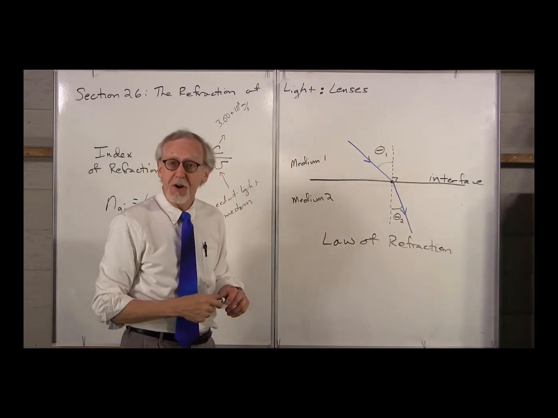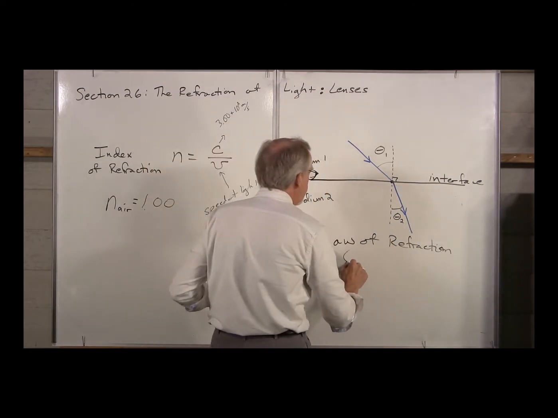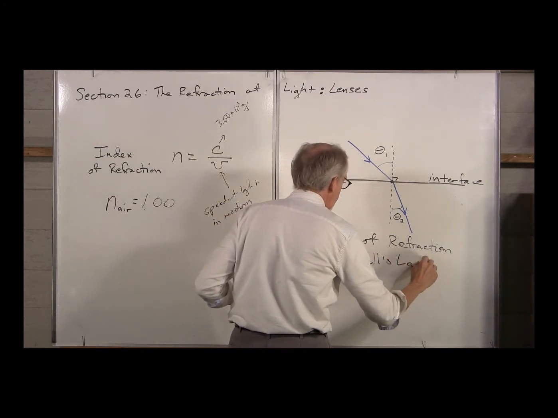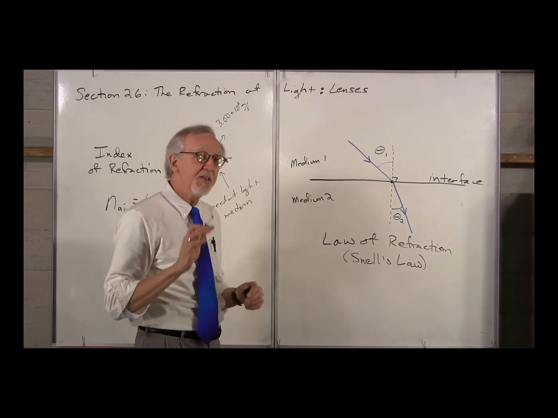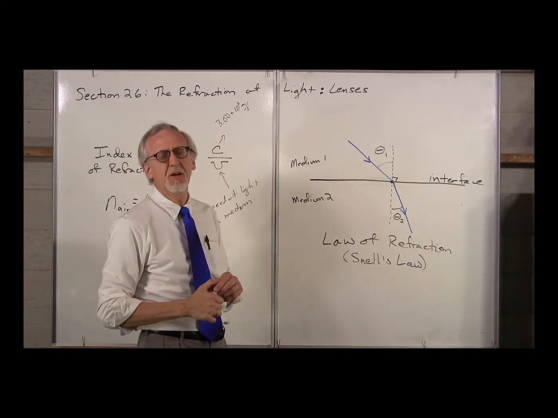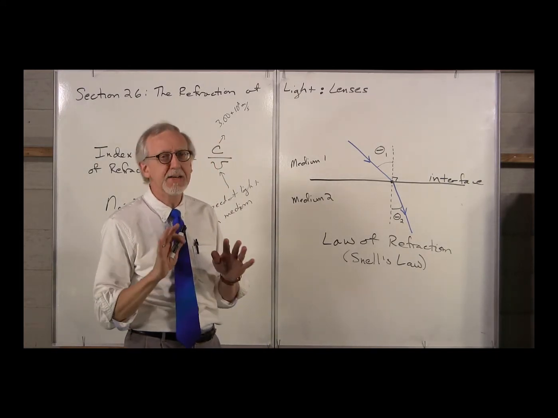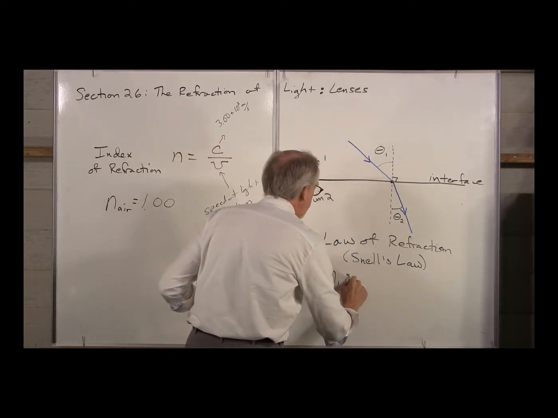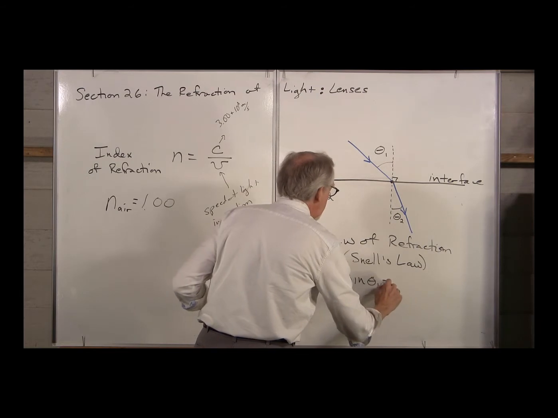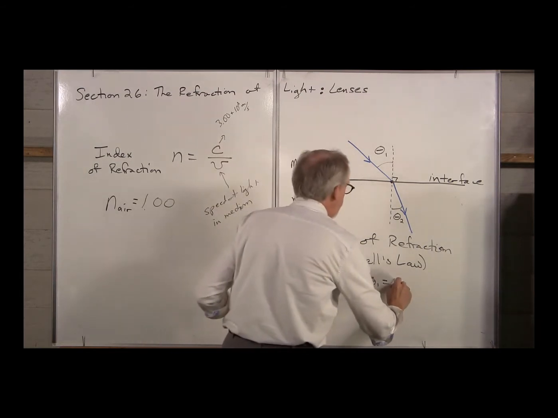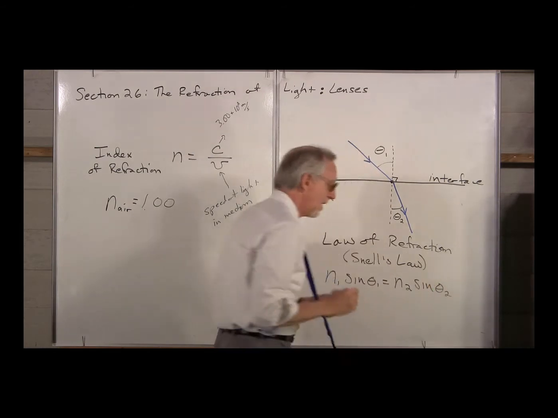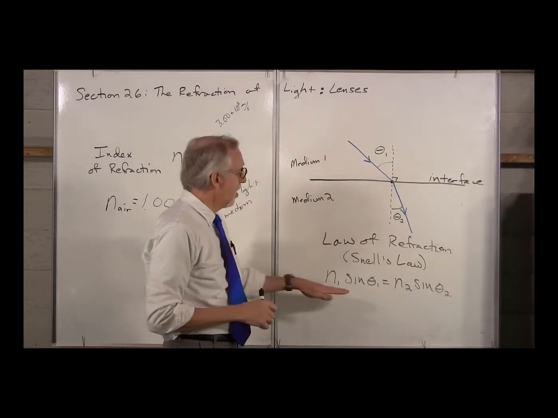The law of refraction, which is also referred to as Snell's law, is not too much more difficult than the law of reflection, but it is a little bit more difficult. And that is n1 sine theta 1 is equal to n2 sine theta 2. Very good.